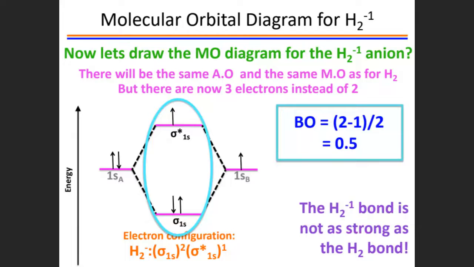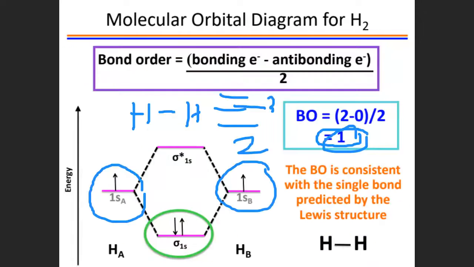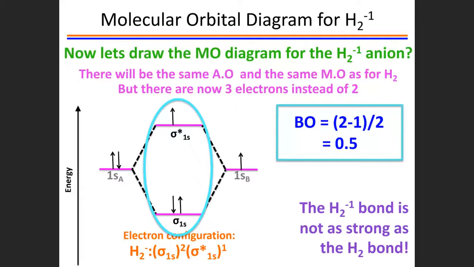Now let's draw the molecular orbital diagram for the hydrogen anion. This is just a kind of prediction. Here we have 2 bonding electrons, because hydrogen's atomic number is 1, so it has 1 electron. But let's assume this one.